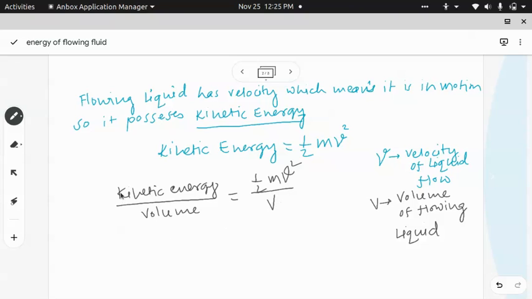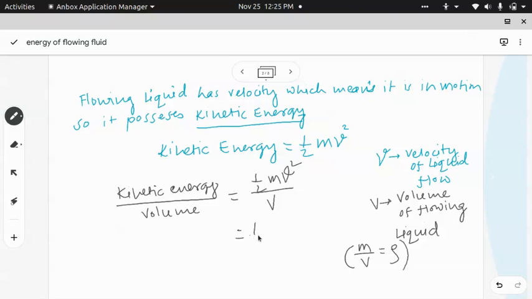Now kinetic energy per unit volume will be equal to 1 half m into this small v square, this velocity square, divided by this capital V, which is the volume of the flowing liquid. So what can you write for mass upon volume? Yes, very nice, it is denoted by rho, and it is density.